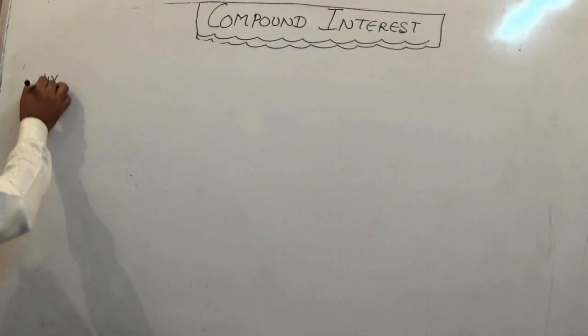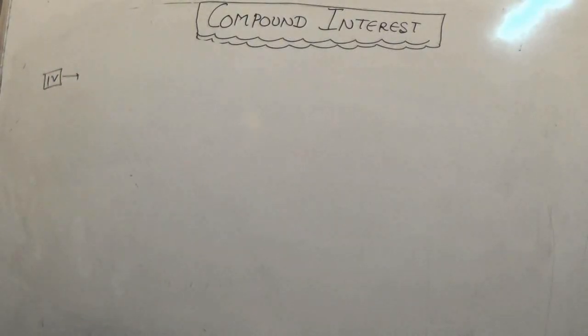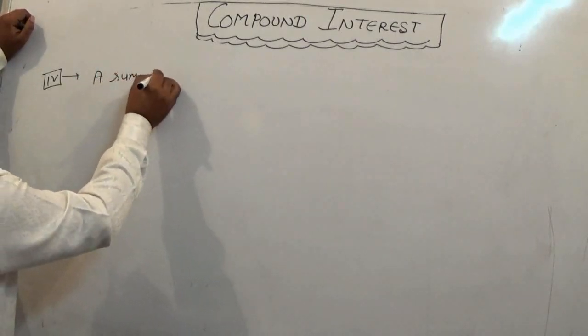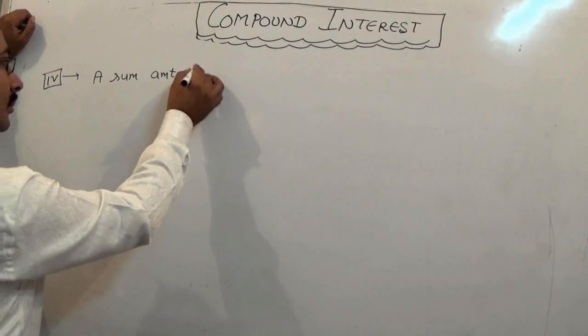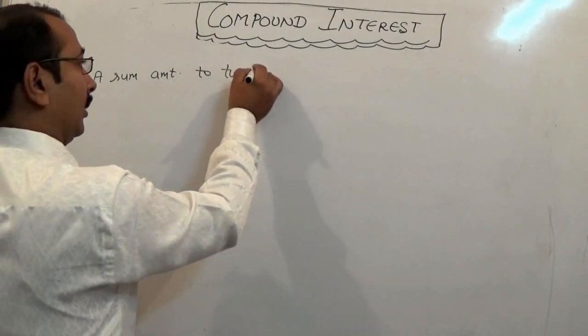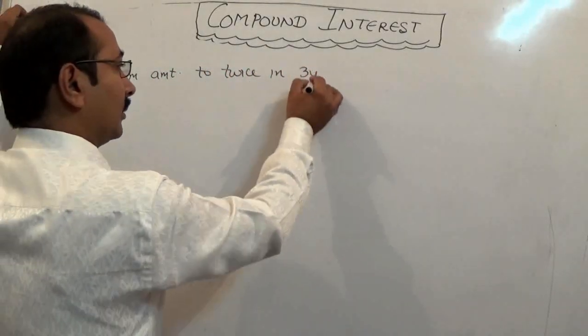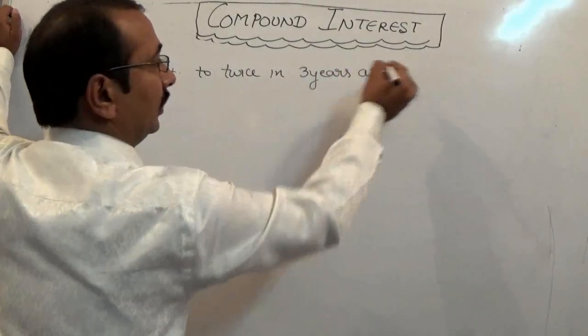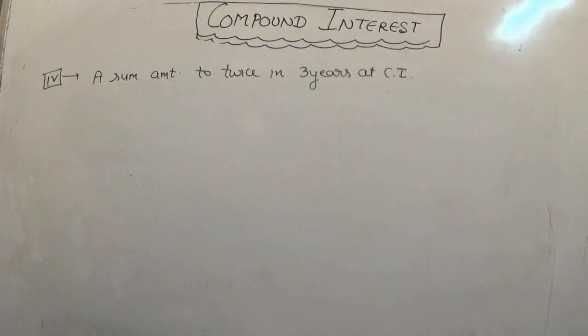After this, we have the fourth type of problem. Suppose it is given that a sum amounts to twice in 3 years at compound interest.